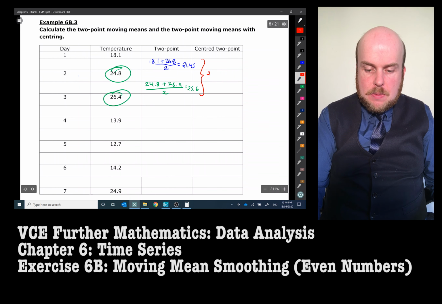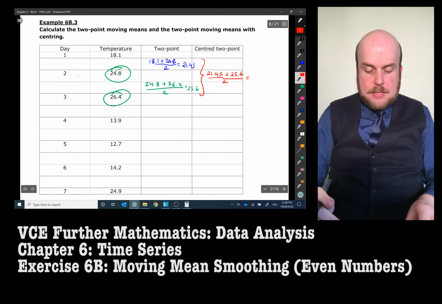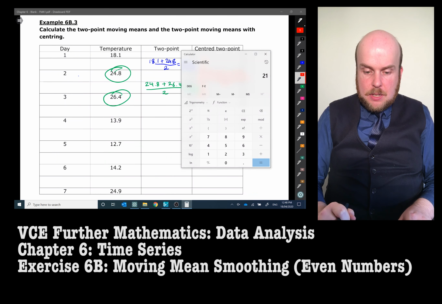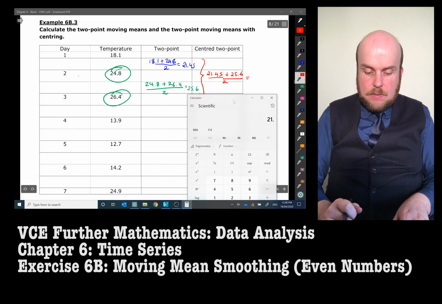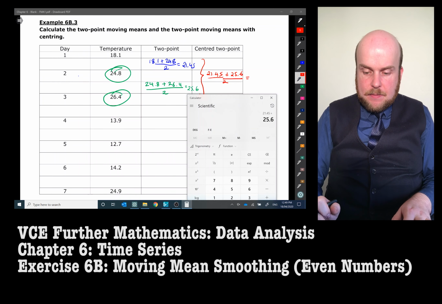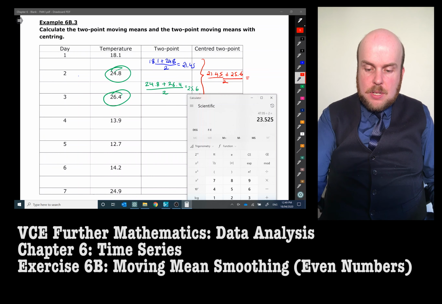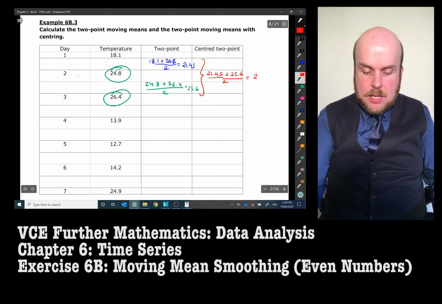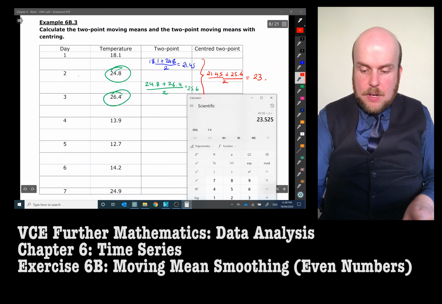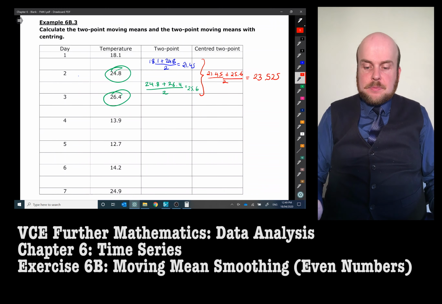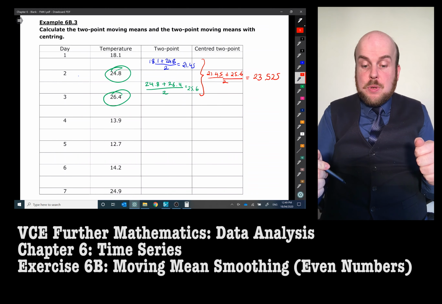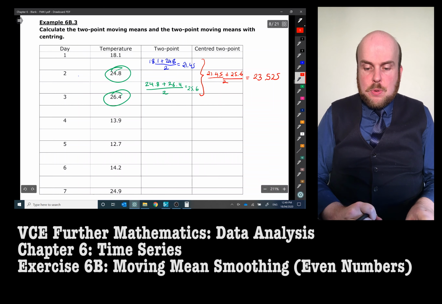So we take the 21.45 and we add 25.6, divide that by 2, and we get 23.525. So I would do my 2 points and then I would center them accordingly.